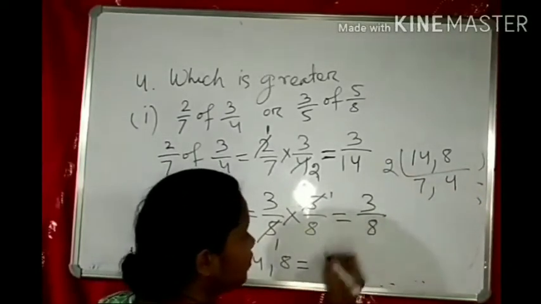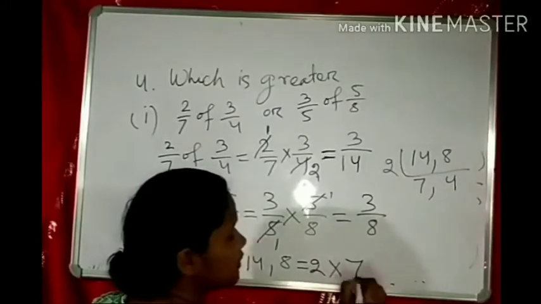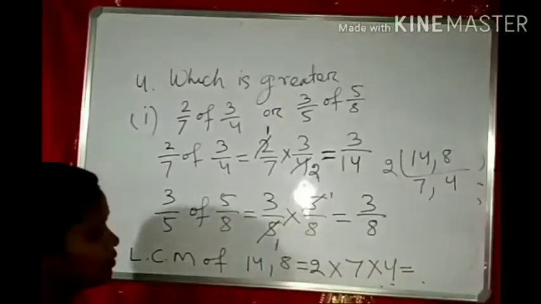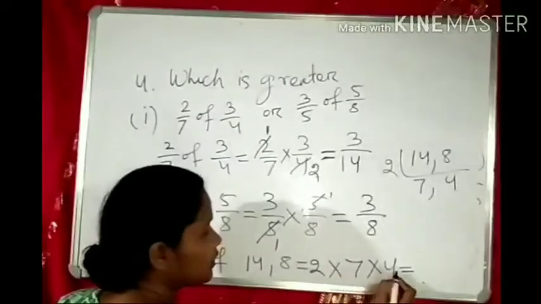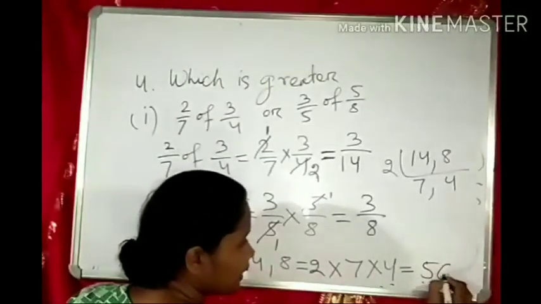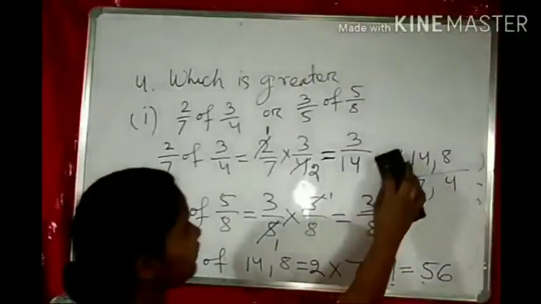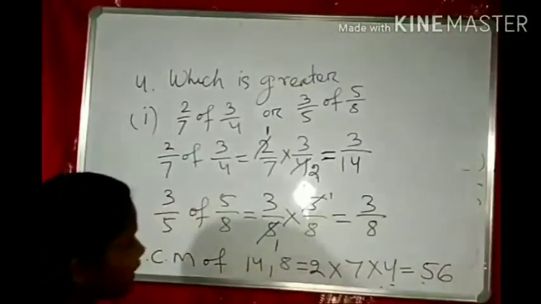So LCM equals 2 into 7 into 4. 2 sevens are 14, 14 fours are 56. So the LCM is 56.